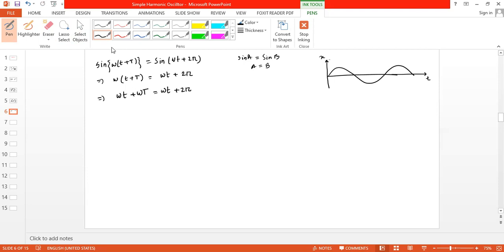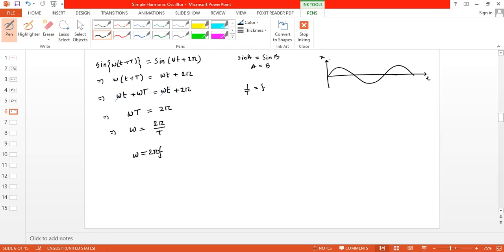So omega t and omega t are going to cancel each other, so you are left only with omega capital T equal to twice pi. So basically omega equal to twice pi over T, and by the way we know 1 over T is equal to frequency, so we can also write omega equal to 2 pi times f.